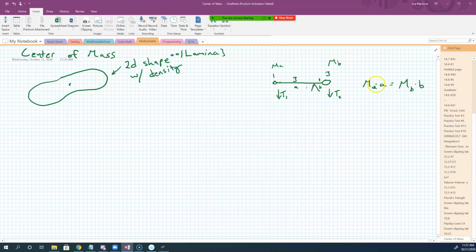You guys with me on that? Okay, so this is just telling me about these lever arms, right? This would give me a way to calculate how long the arms should be. There's another way to approach this, which is really just to say that the center of mass should be the weighted average of the things.